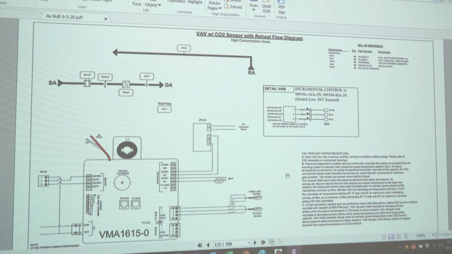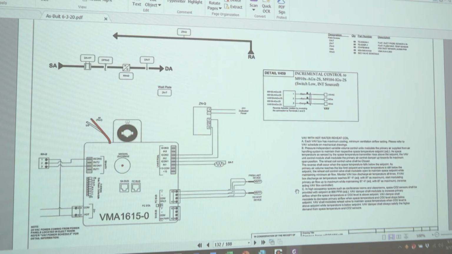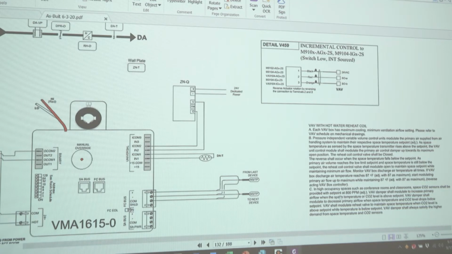Same operation, okay? All that happens is you get into high occupancy areas, such as conference rooms and large classrooms, where space CO2 sensors shall be provided with set points at 800 parts per million, which is adjustable. The VAV damper will modulate to increase primary airflow when the space temperature or CO2 level is above set point.